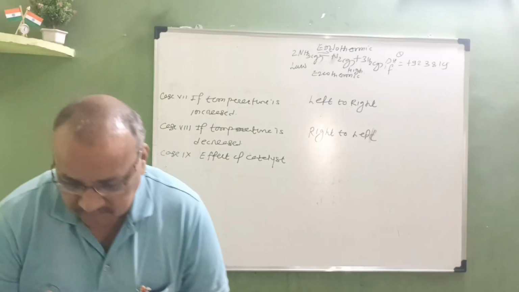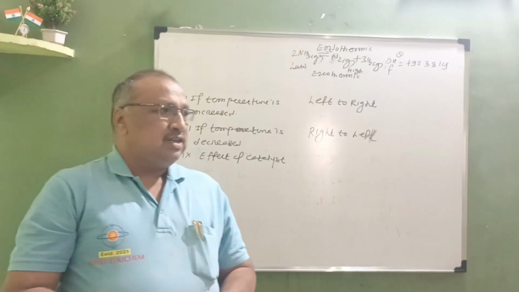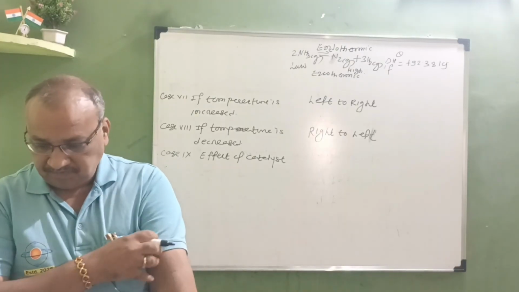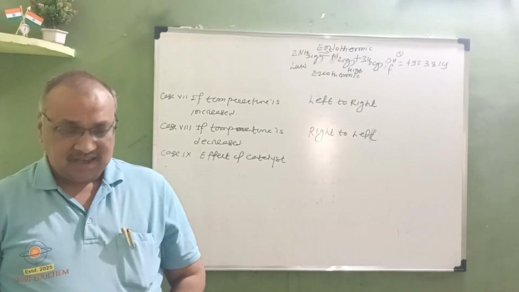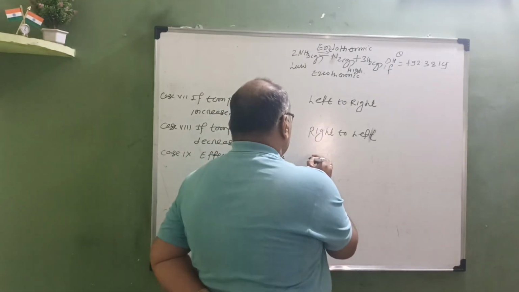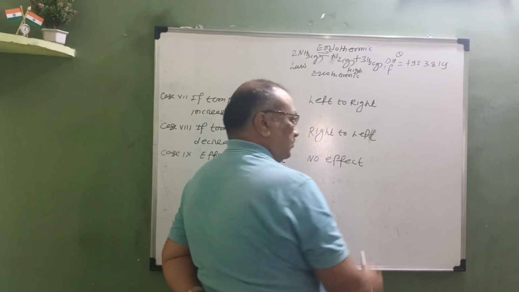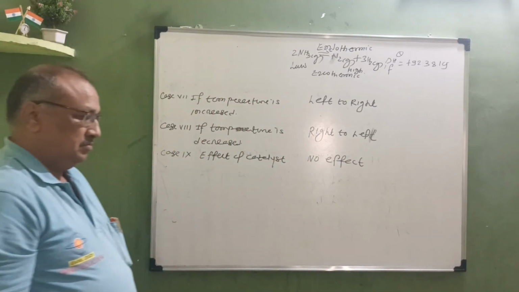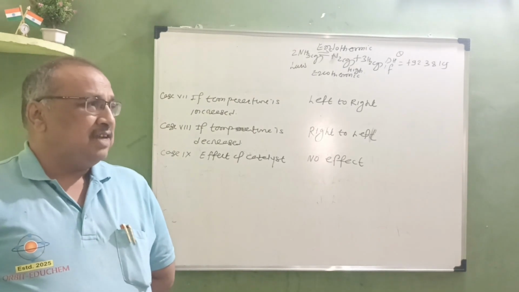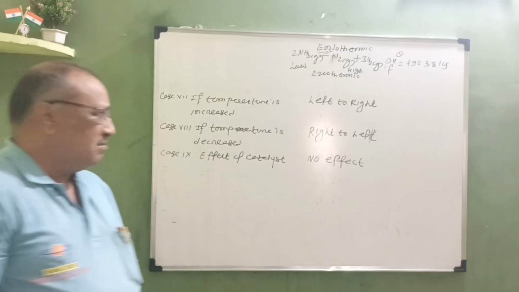That means no net change occurs in the relative amount of reactants and product at equilibrium. That means here write down no effect. It helps simply to achieve the equilibrium quickly.